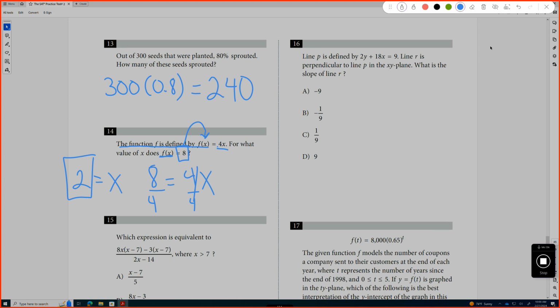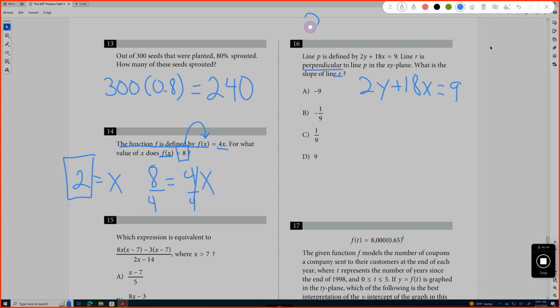All right. Now, line P is 2y plus 18x equal to 9, and line R is perpendicular. So, perpendicular lines have inverse opposite slopes.